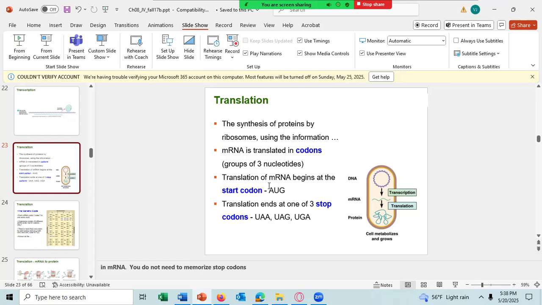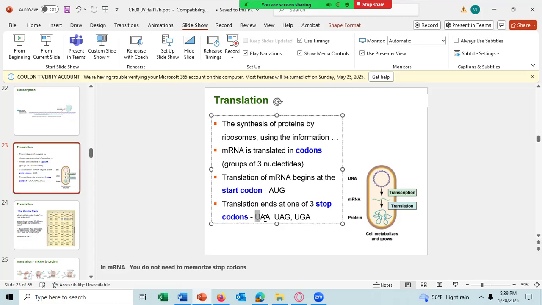So all proteins, when they first get made, always start with methionine because that's what the start codon codes for. And there's probably many proteins that don't want to start with methionine, so it's just removed. And then the ribosome will move down the messenger RNA, translating it until the ribosome reaches one of the 3 stop codons.